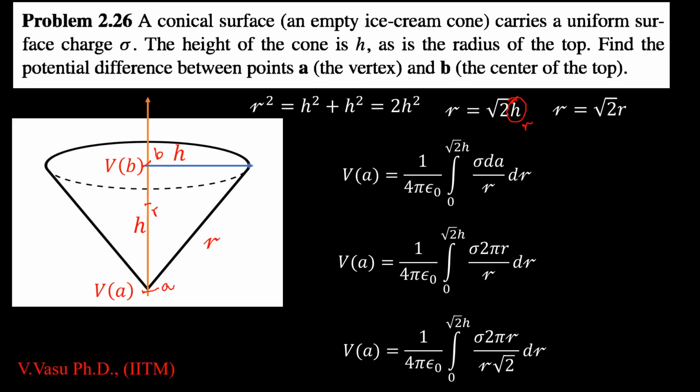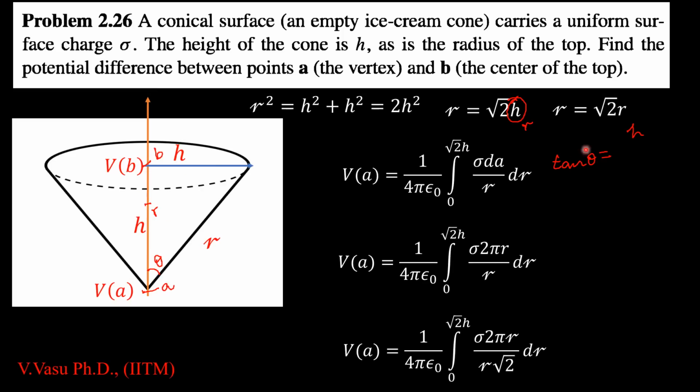Now another parameter we need is this theta. What is this theta? By definition, tan theta is equal to the opposite side, this h, divided by this adjacent side, this one.